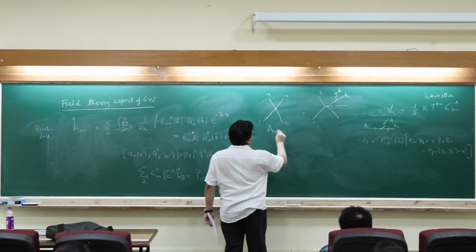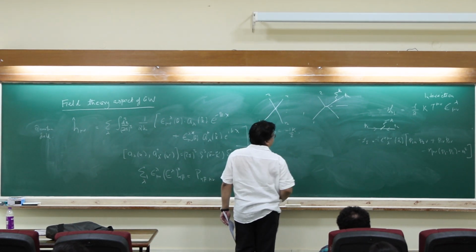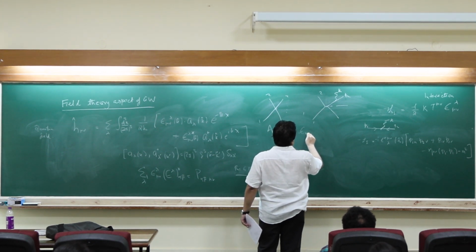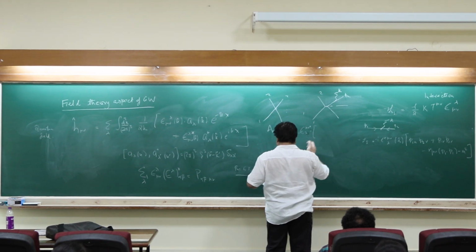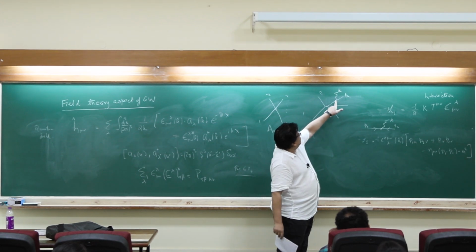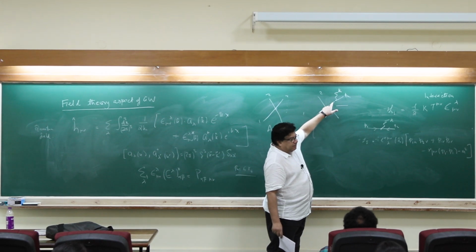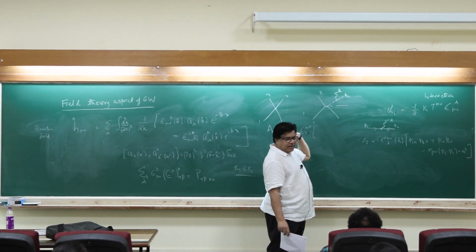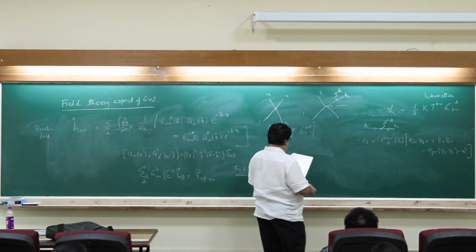So this will be written as minus kappa by 2 epsilon mu nu star lambda times. I'll just write down the answer and I'll argue why that should be. When I want to write this process, all I do is create a new vertex and a new propagator in this old diagram. So the vertex is this factor times the T mu nu. Let me write the T mu nu.